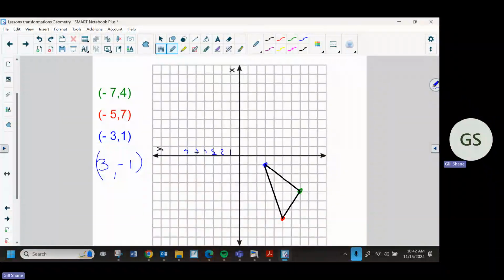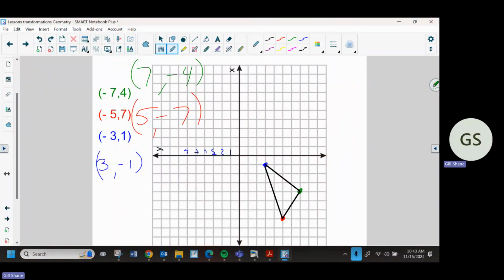I just write exactly what points I'm looking at as if it was a normal graph. So the red point would be 5, negative 7. The green point would be 7, negative 4. You just write the points from the image that you rotate.